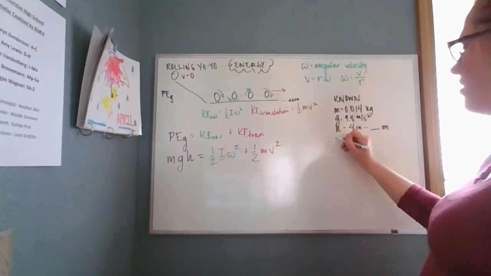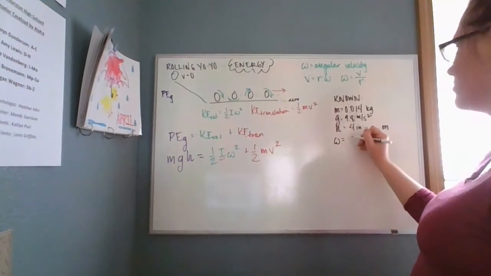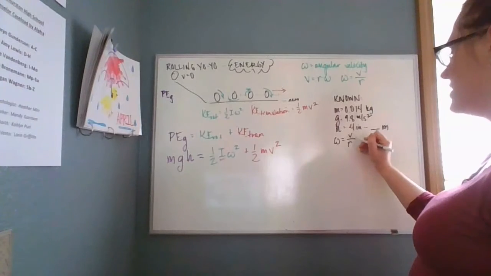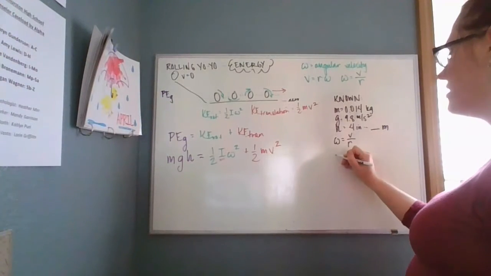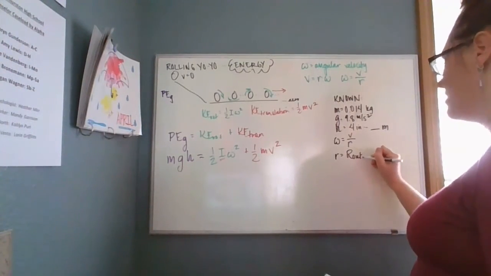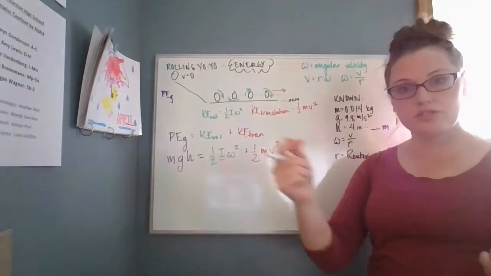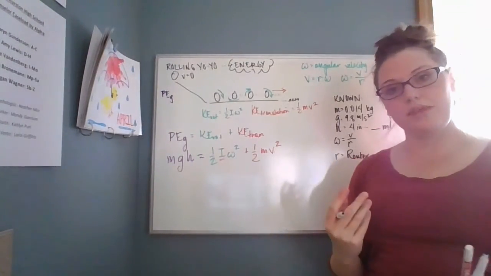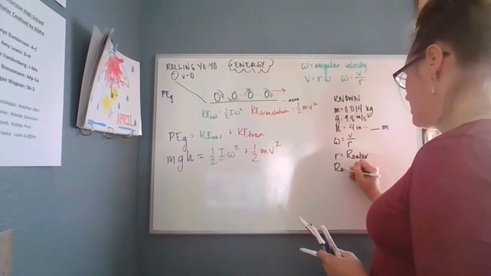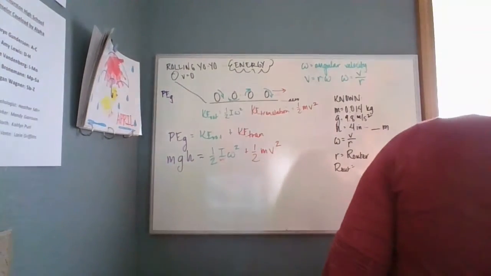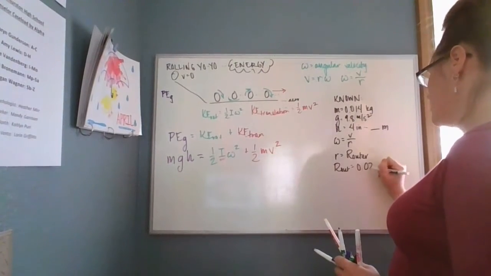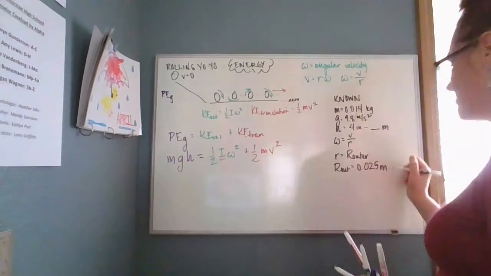I know that my omega is going to be equal to velocity divided by the radius. And in this case, that radius is the outer radius, the outside of the wheel. So it's really important that you use your number for the outside radius, which was 0.025 meters.